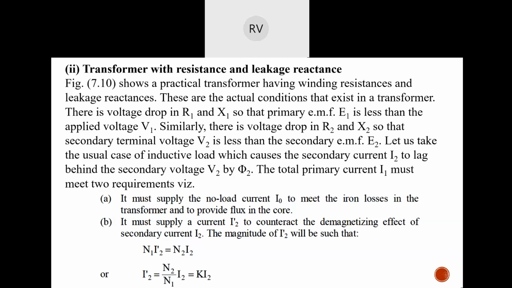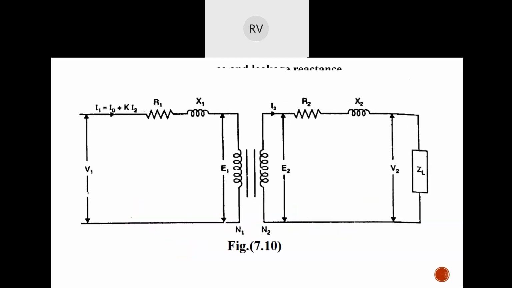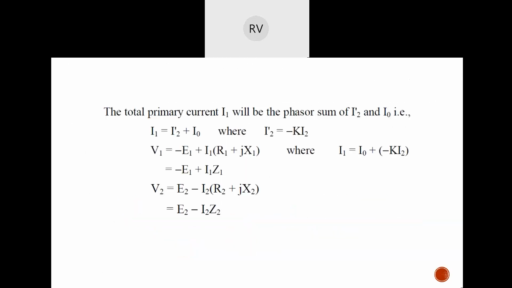Okay. Here also the primary current must supply two main requirements. First, it has to supply the iron losses and also provide the flux, that is I naught, and then I2 dash will be present to counteract I2. Similarly to the case without resistance and leakage reactance, here also we will have the similar equation.